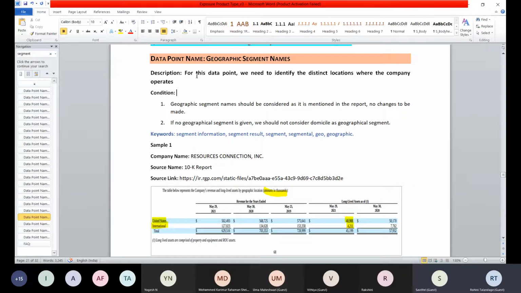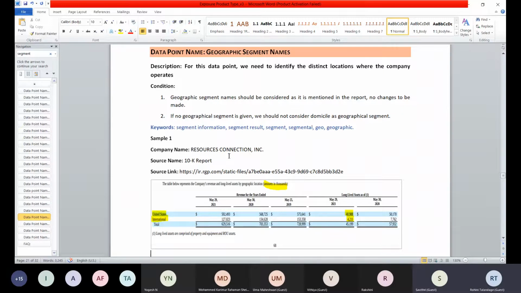The names will be like geographical areas. For this, you can search the keywords like segment information, segment results, geographical or geographic. These all are the keywords. And they will give the details of in which areas they are operating.